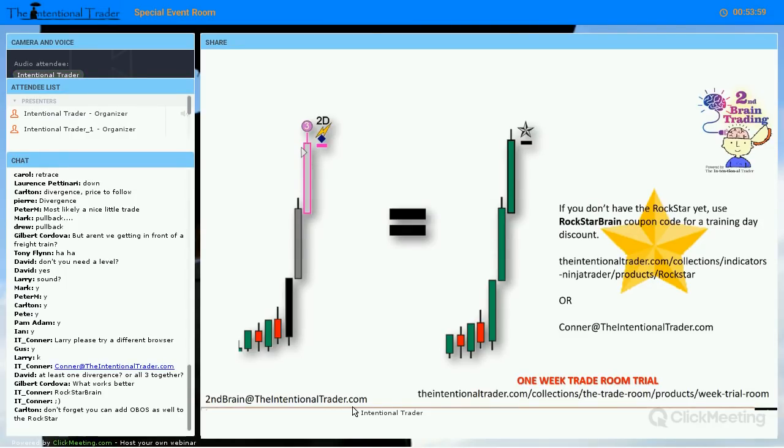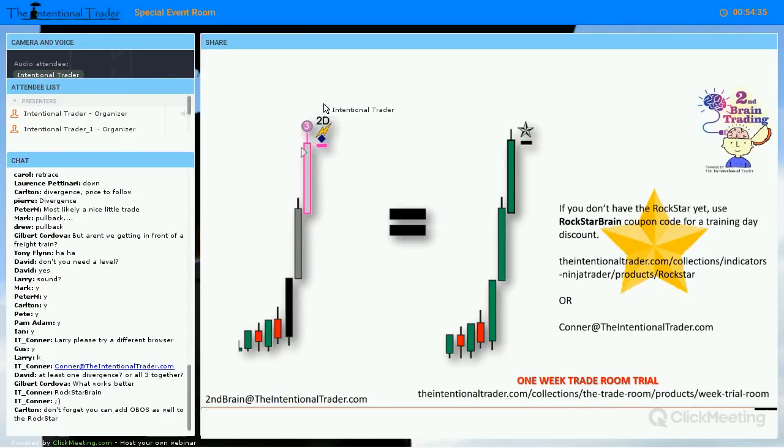Absolutely. But it doesn't have to. That's the nice thing, Carlton. You don't have to print it on this bar here if you don't want to. It's already inside the indicator. So you could have a chart as clean as this and print a Rockstar, or you can have a chart that looks like this. Either way. And then you can actually have all of this and a Rockstar on top of that, which is my preferred way to do it.